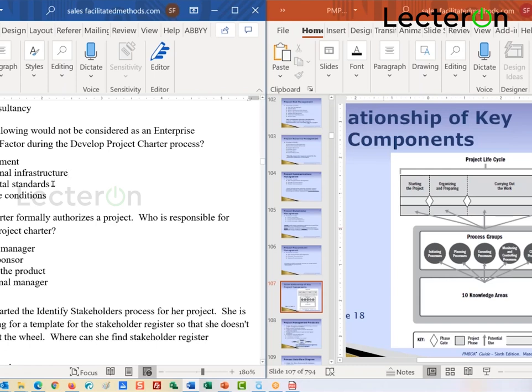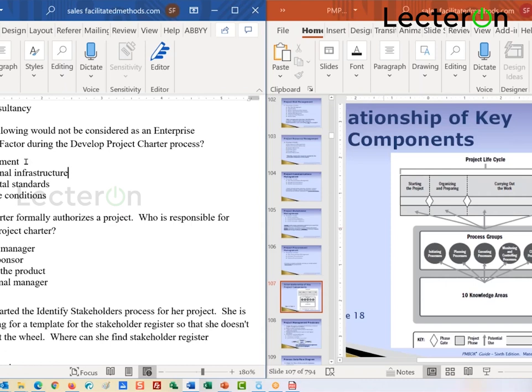Government standards are coming external to your organization. They're coming from the government. Marketplace conditions are coming from external information. Those are all 3 EEFs. The scope statement is pure project. OPAs have to do specifically with your project.